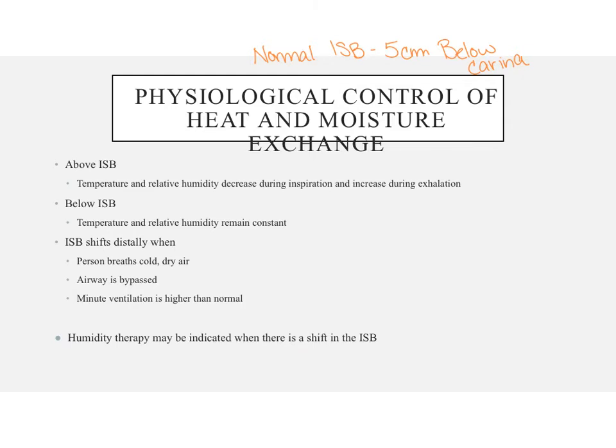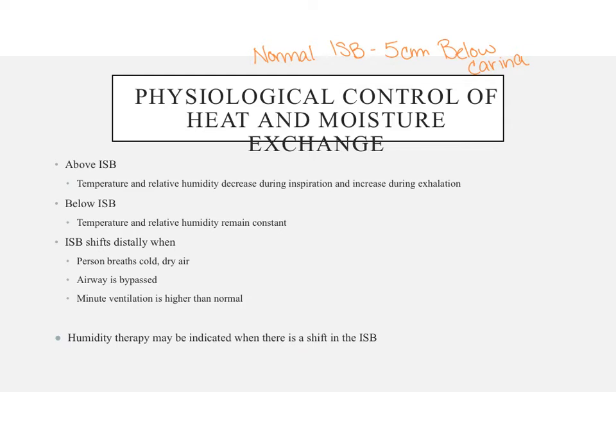So above the isothermic boundary, the temperature and relative humidity of the gas is going to decrease during inspiration and increase during exhalation. So gas that's going into the lungs before it gets to the isothermic boundary is going to be decreased until it hits all those right conditions.